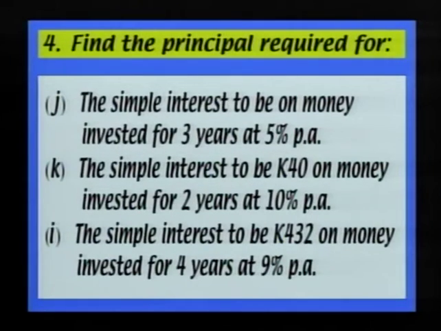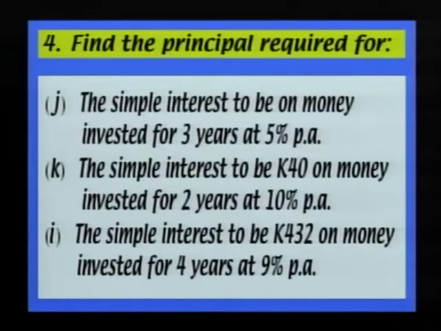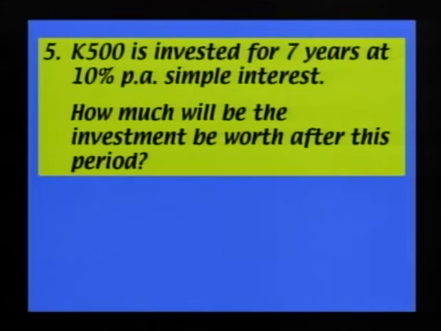Okay. Letter K then. 200 kina. 200 kina is correct. Letter L, then 1,200 kina. 1,200 kina is also correct.